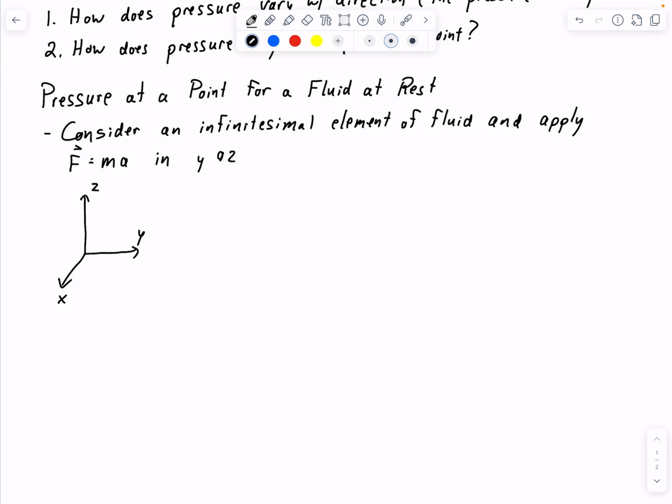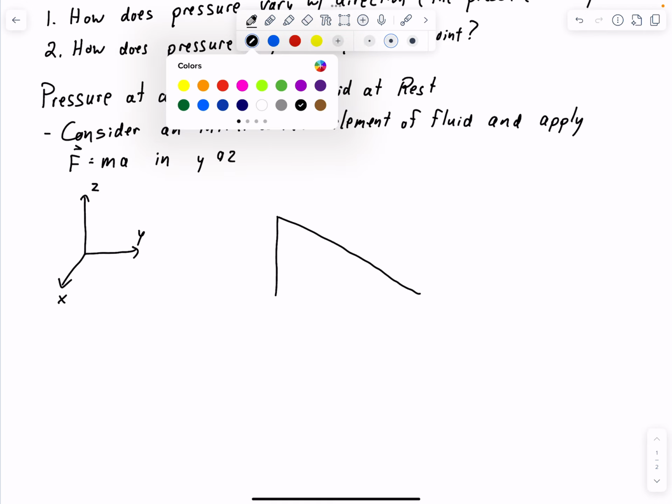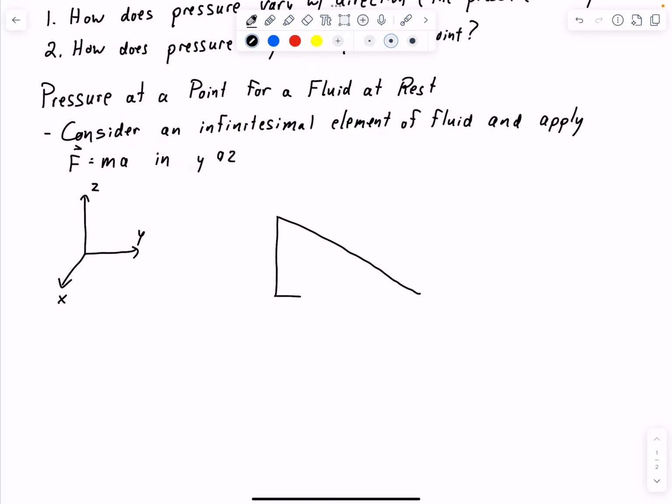Our infinitesimal element of fluid is going to be shaped like a wedge. So we have a wedge here, and we're going to draw this in 3D.